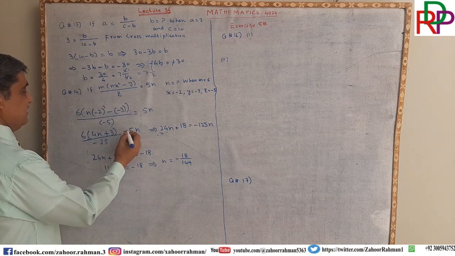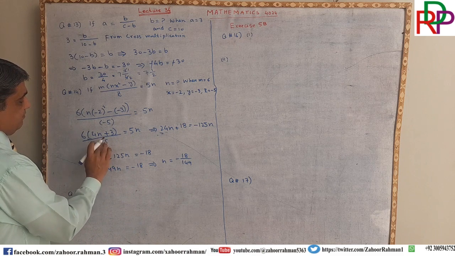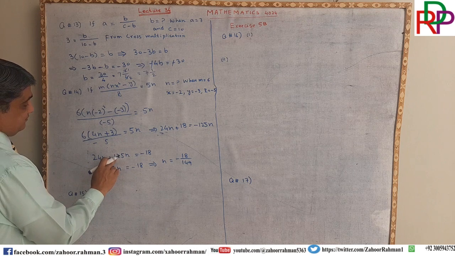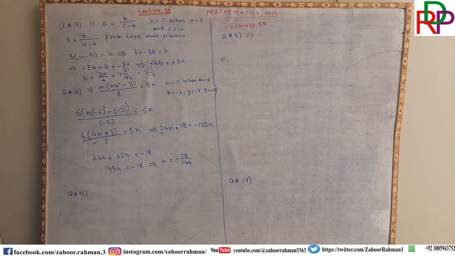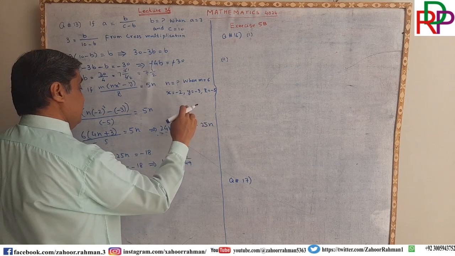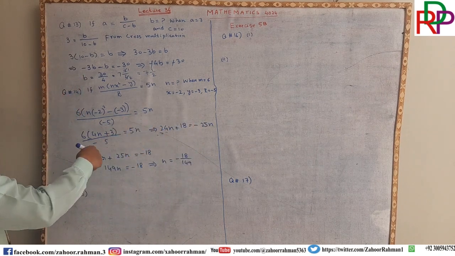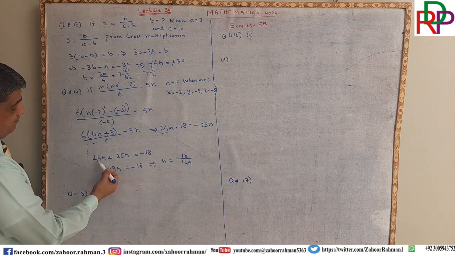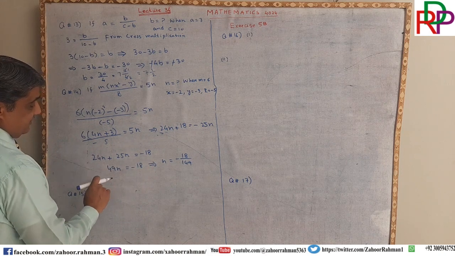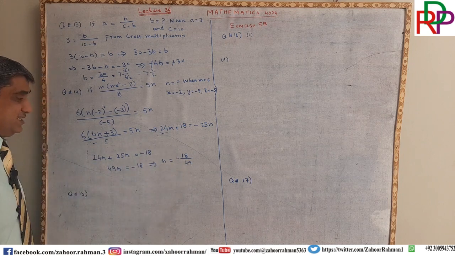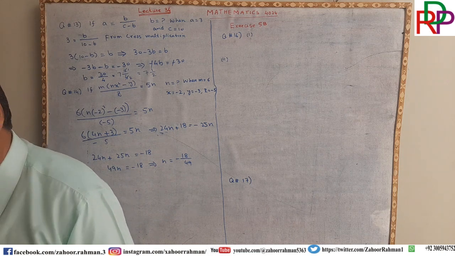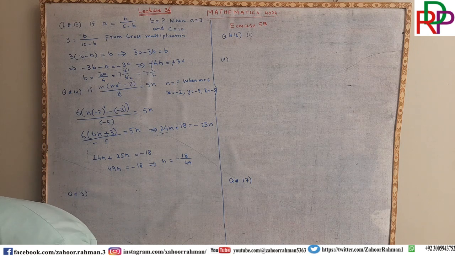So that will be minus 20, minus 5, and when minus 5, it will be 25. This will be 25, and when 25 is brought back to the left side, so we got 49, and this will be minus 18 over 49. Okay, next question.